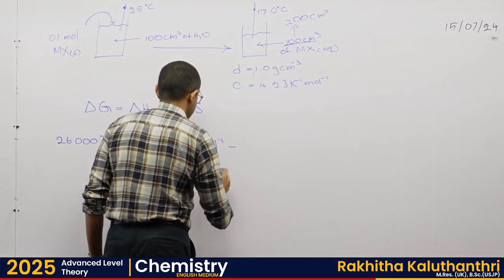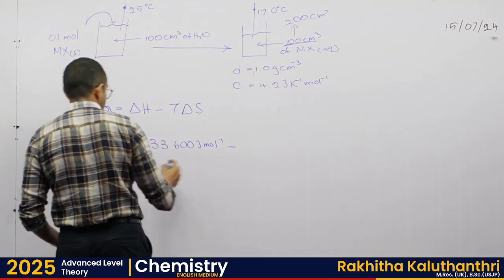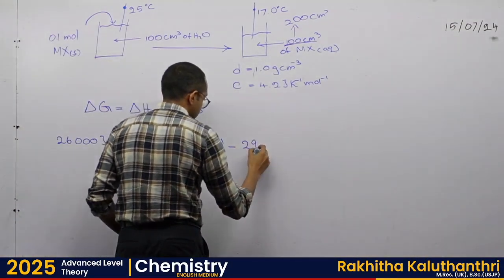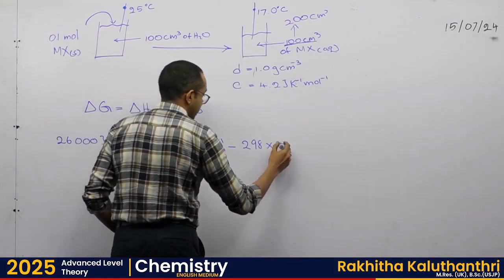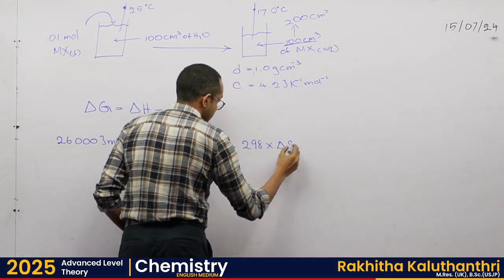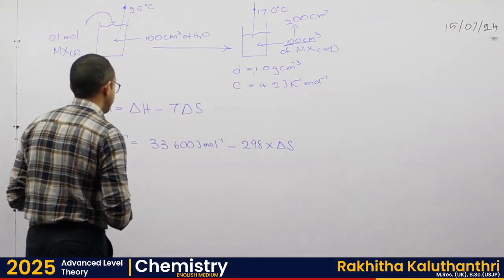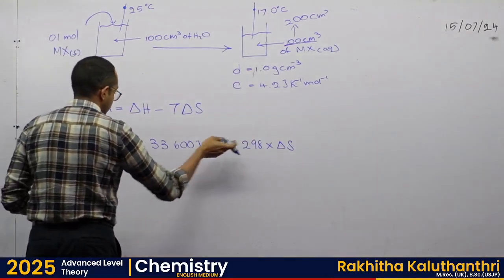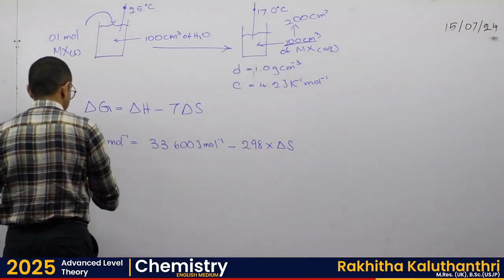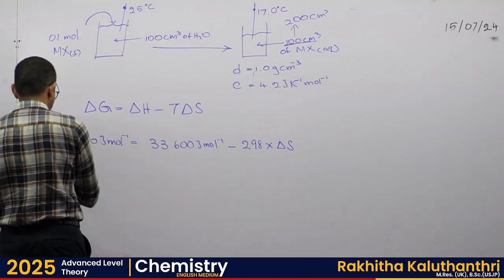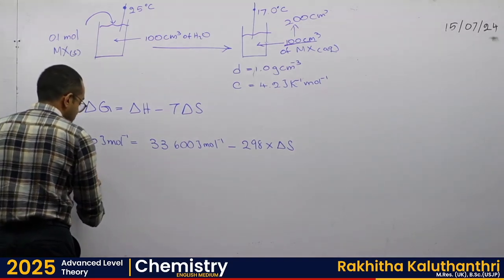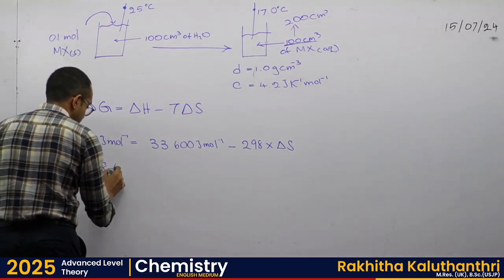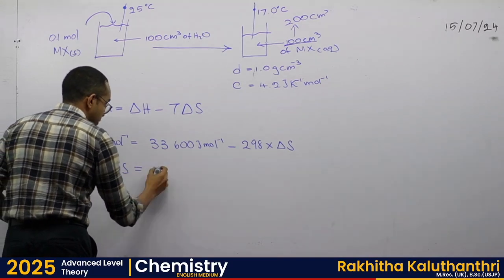And then minus T, where 25 degrees Celsius means 298 Kelvin. This has to be always in Kelvin, and we are trying to find out delta S. We don't know that, right? So when you bring this delta S over here and send this over to the other side, now this was minus, right?